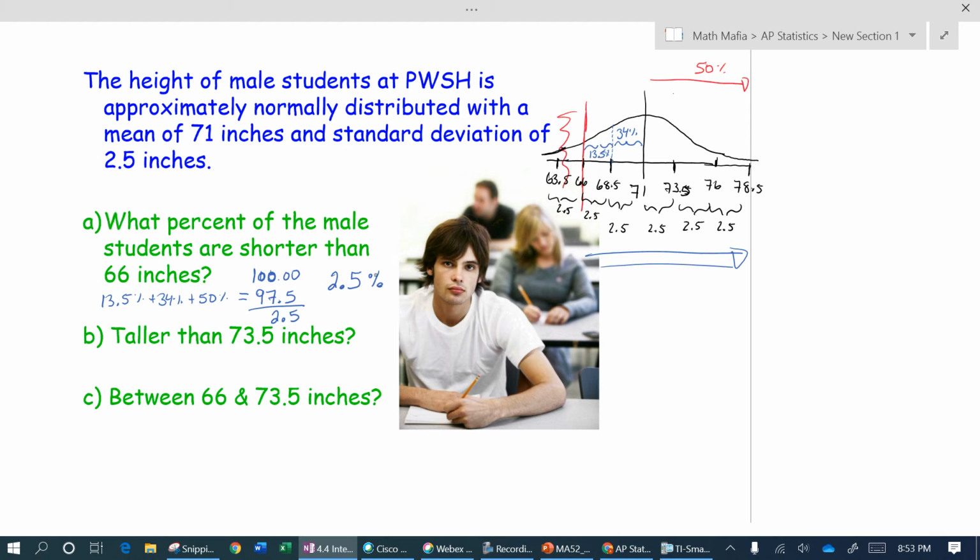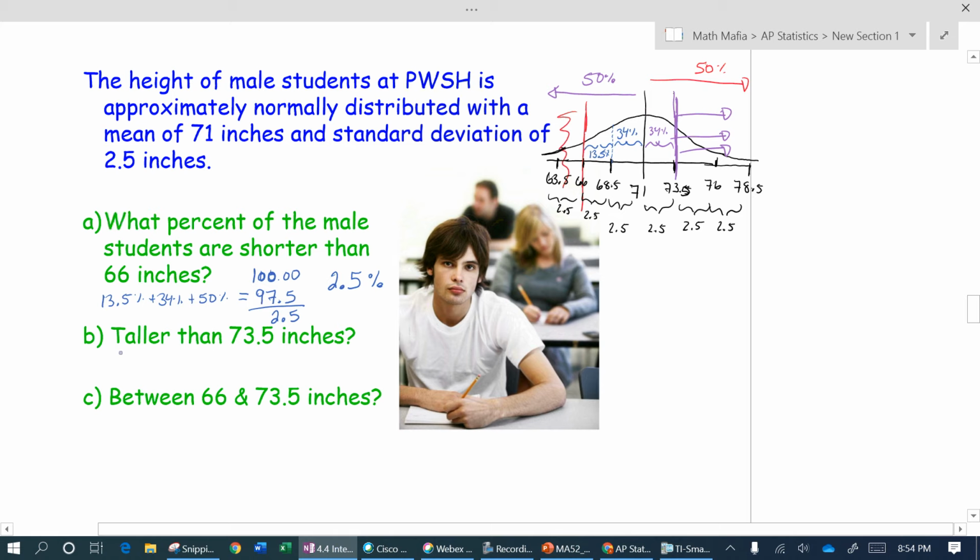Now the next question that we're asked is what percent of the male students are taller than 73.5 inches? Here we're going to come up to this spot right here, and now we want to know what are the numbers on this side. This value is also worth 34%, and this portion is worth 50% because it's on this half of the mean.